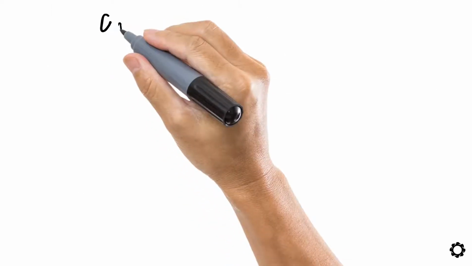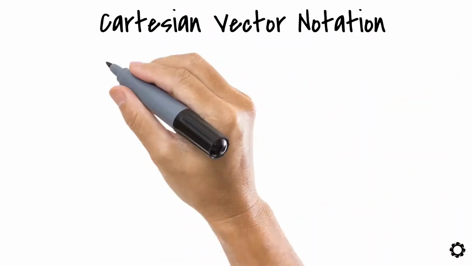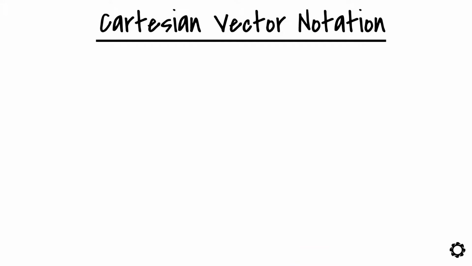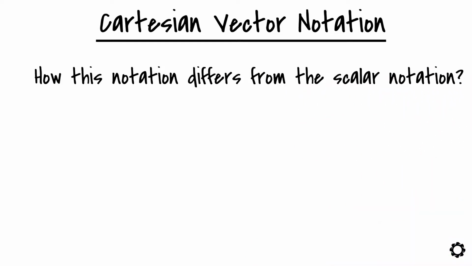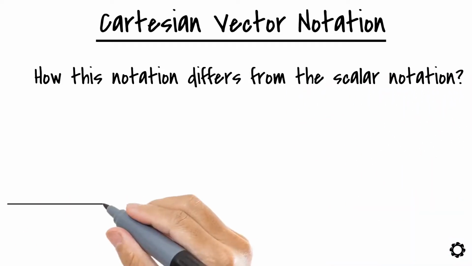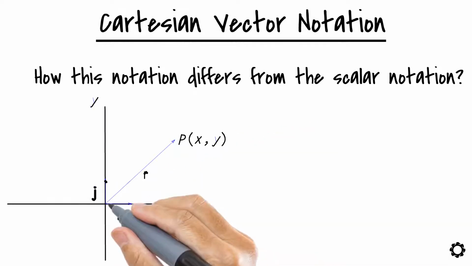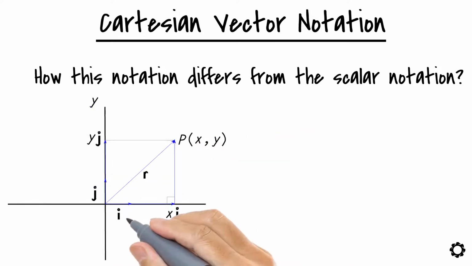Let us move on to the Cartesian vector notation, which is very helpful for solving problems, especially in the three-dimensional cases. You may be thinking how this notation differs from the scalar notation. In Cartesian vector notation, we represent the x and y direction of the planar coordinate system with the Cartesian unit vectors i and j.